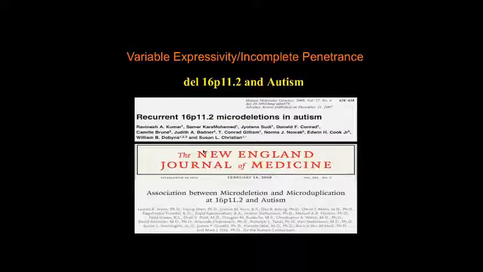The other issue is what about variable expressivity? Certainly when you make a prenatal diagnosis, it's very, very difficult to say to a patient, well, this is the genomic finding, and it could either be something very, very mild, or it could have a severe phenotype. That's actually more difficult than variants of uncertain significance.